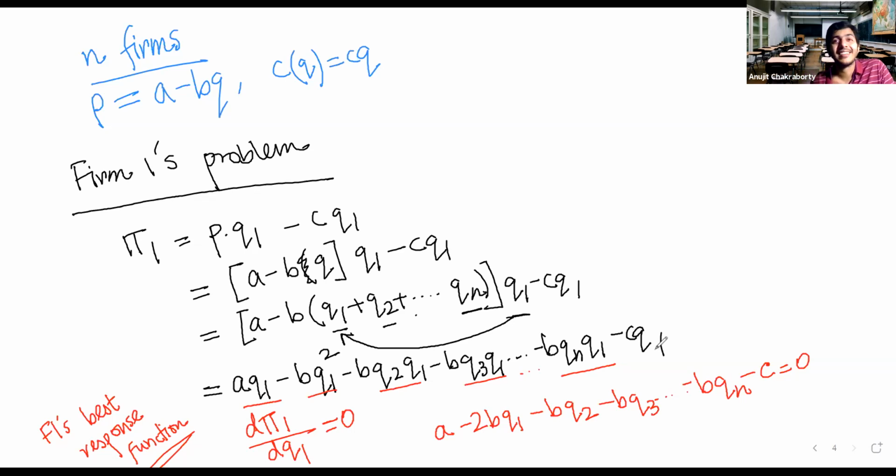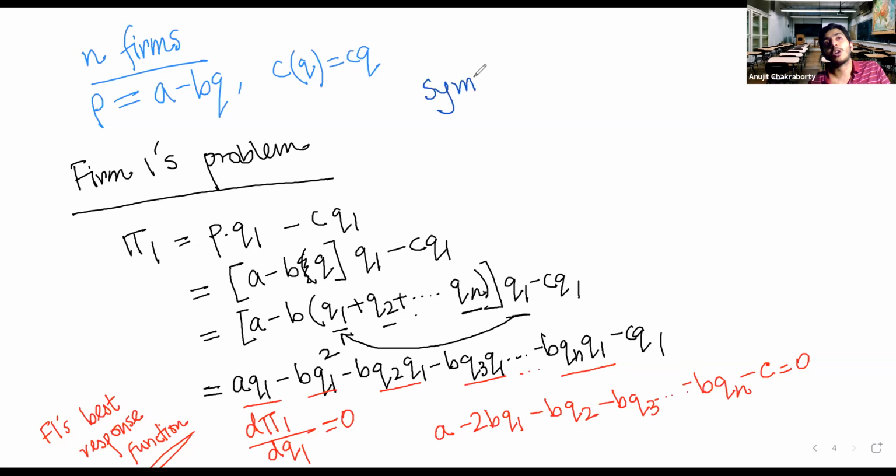There is a trick. The trick is to remember that every firm here is symmetric. They have the same marginal cost. They're operating in the same market with the same demand curve. Given that, what we know is in equilibrium, okay, this is the symmetry trick, and let me write it down here.